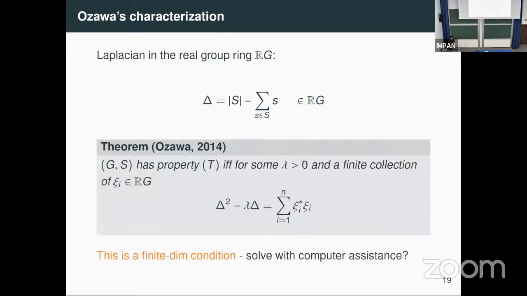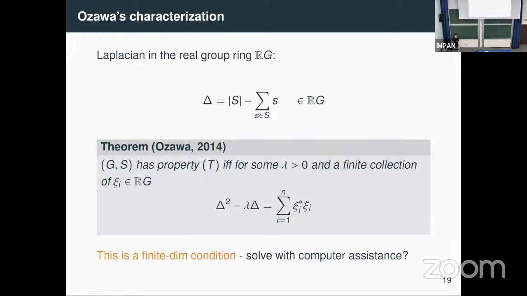And so what Taka proved is that you can actually use this element inside the group ring to characterize property T. He showed that a group with generating set S has property T if there is a positive constant lambda and a finite collection of elements psi i from the group ring such that delta squared minus lambda delta is a sum of squares of these psi i's.